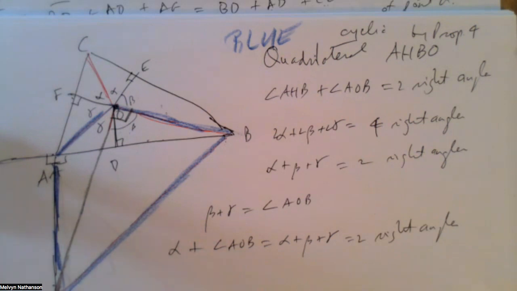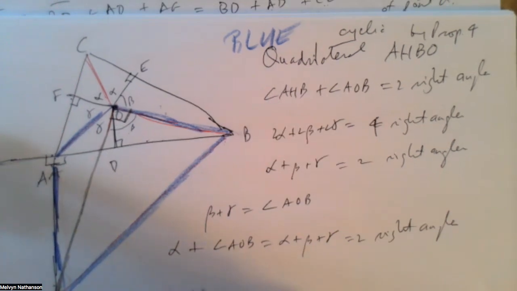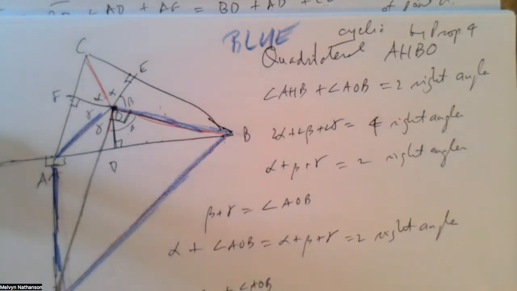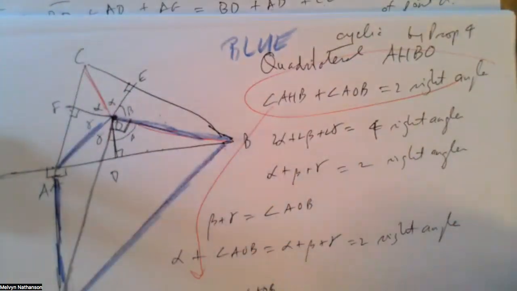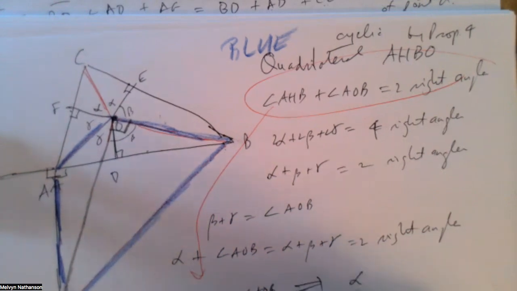Which is also equal to angle AHB plus angle AOB. That's what we had proved over here. So if you cancel the angles AOB, we get alpha, the angle alpha, equals the angle AHB.